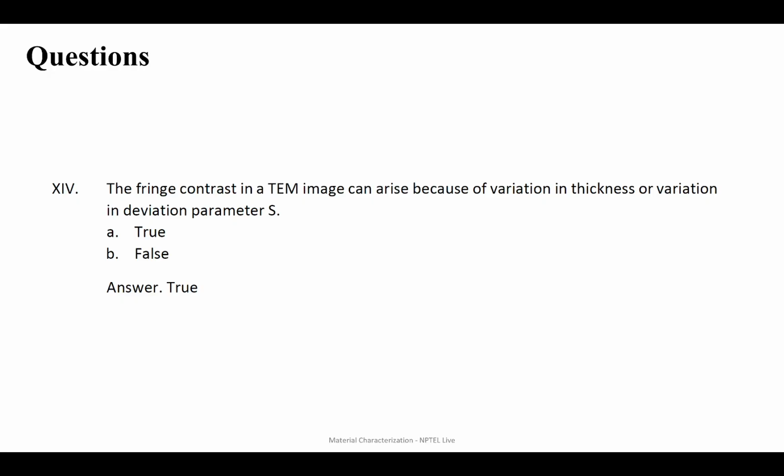So this is true. This we studied. If there is a variation in thickness or a variation in deviation parameter S, both will result in a fringe contrast in TEM.